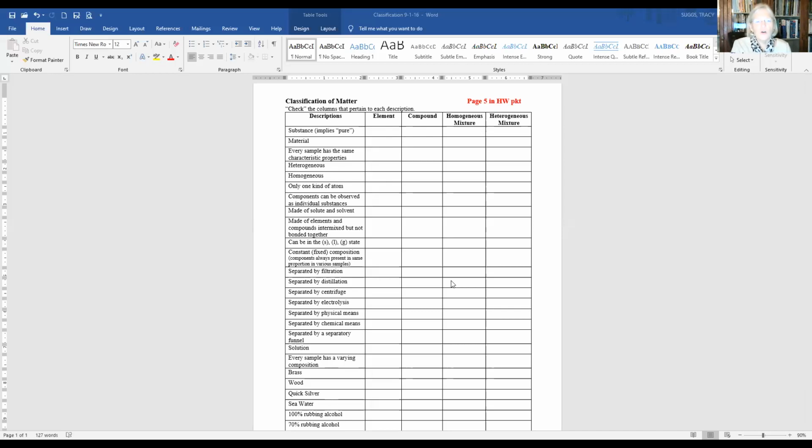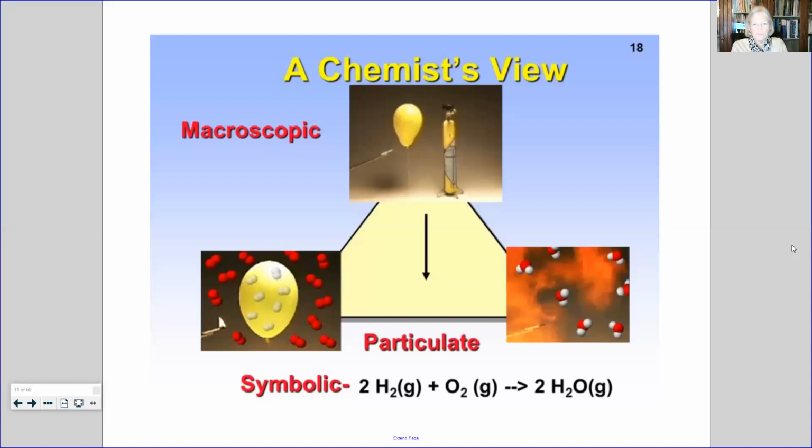So you'll need to know what the difference is between a substance or material, what hetero and homogeneous means, what it means to be of constant or fixed composition, what these separating techniques are accomplishing of our classified materials. All of these terms will come to you as you study the classification scheme. So I'll go back to my other slides and continue with the classification schemes.